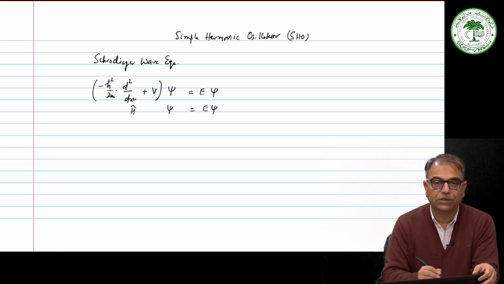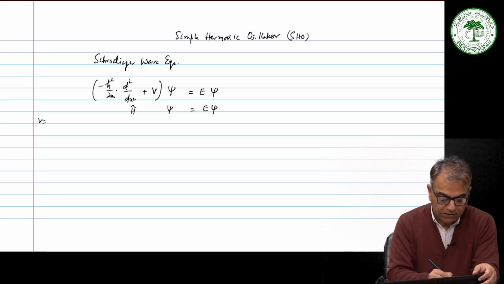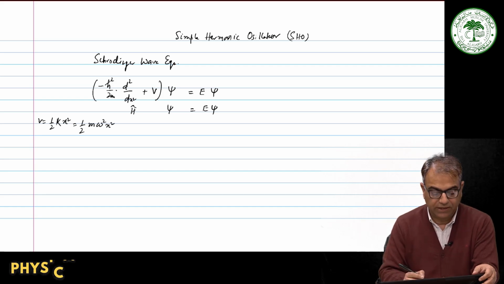So, H psi is equal to E psi, the Schrodinger wave equation. This potential energy we have seen is equal to 1 by 2 k x square, or 1 by 2 m omega square x square.